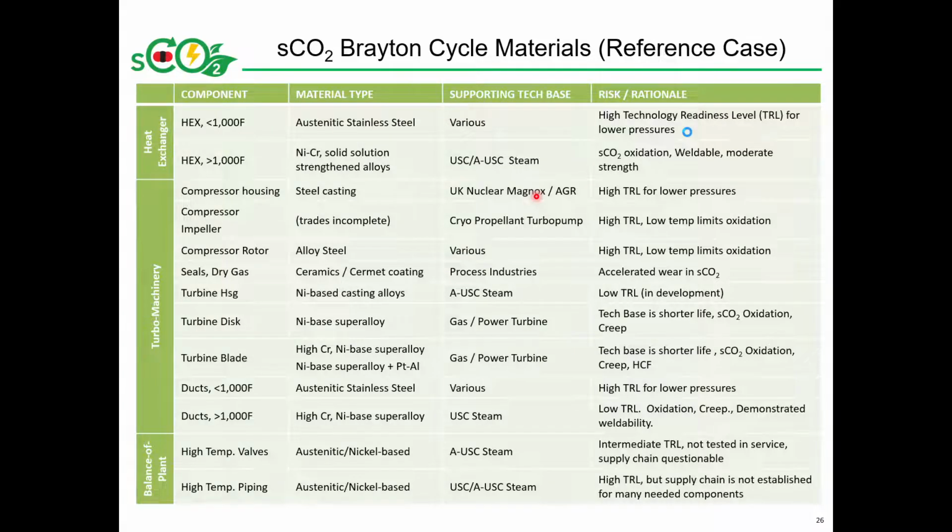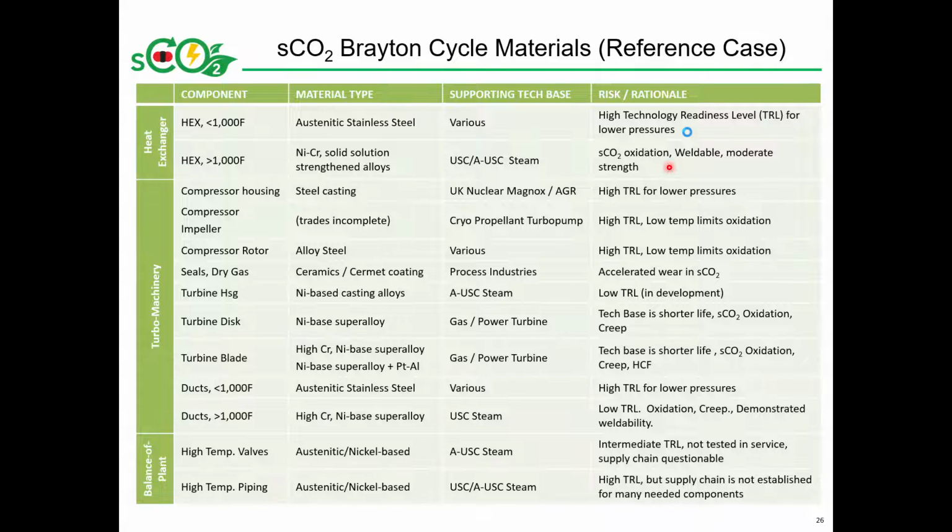Now, whether or not that supporting technology base is 100% ready to go for sCO2 Brayton cycles is a little bit more of a pressing question. We see that depending on the component, the materials and the technology are ready to go, or they're at a much lower technology level to be used for some of the components.